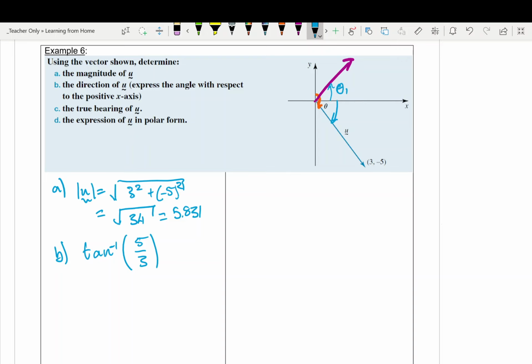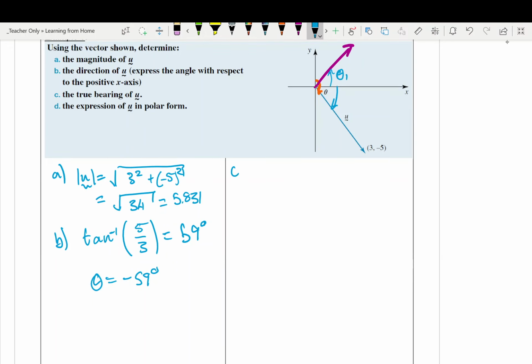You'll be doing more of this stuff in methods later this year, but just need to know a basic level of our CAST diagram and how to compute negative angles and all that. So the positive angle, the first quadrant solution, is going to be 59 degrees, which means our actual theta is going to be negative 59 degrees. It's coming down by the same distance, but it's just going in the opposite direction. So that's our angle with respect to the positive x-axis.